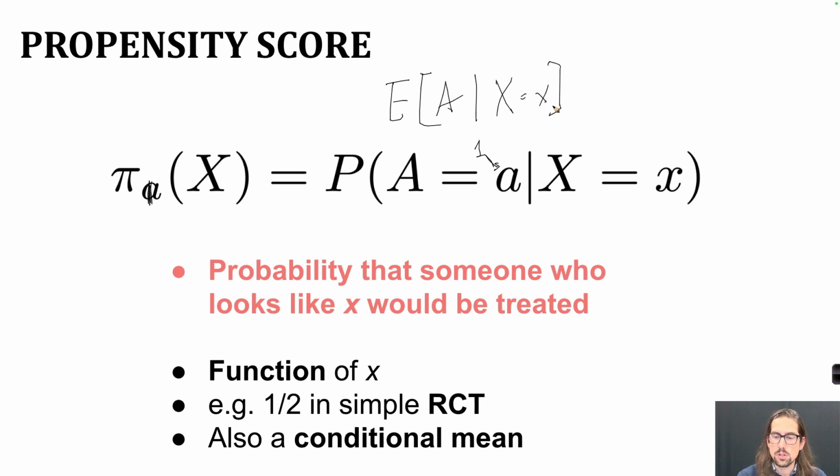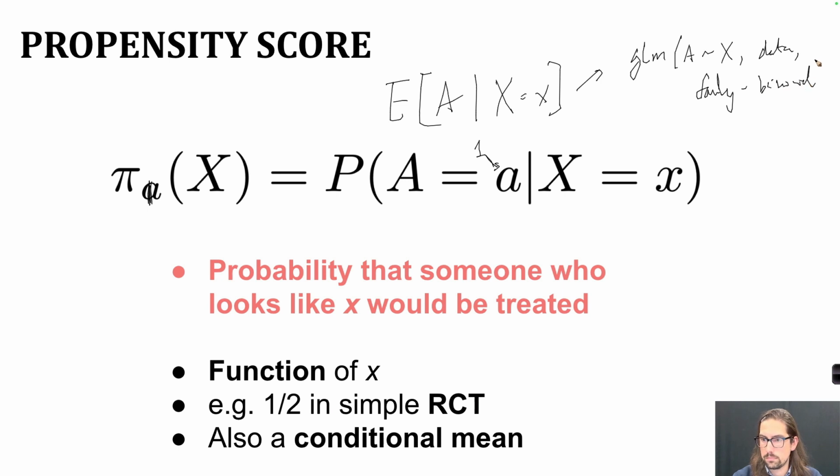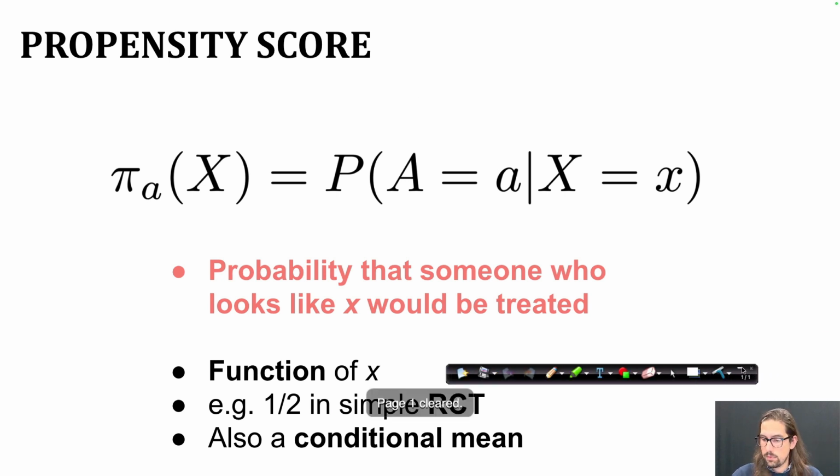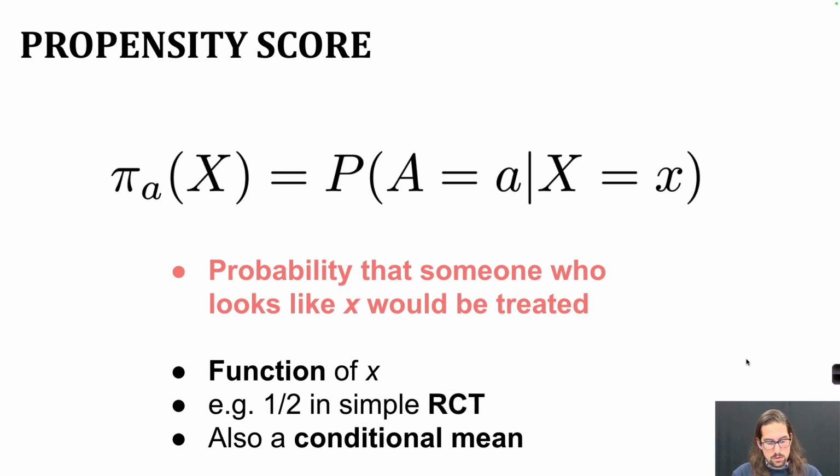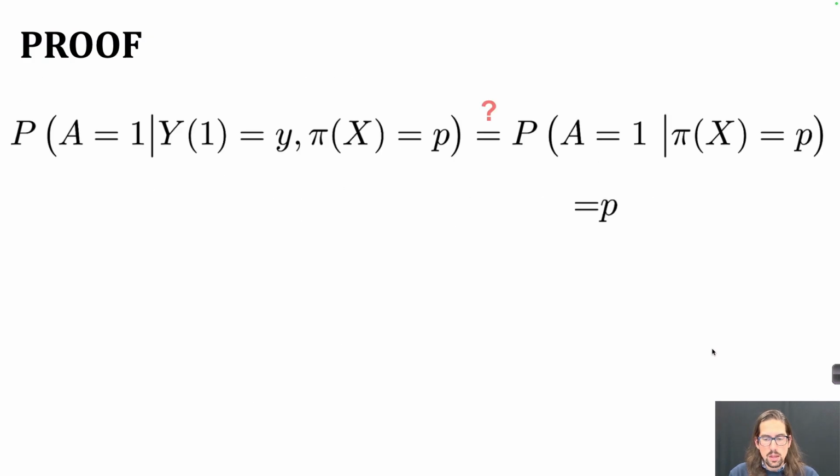If I were to do this with logistic regression, it would be like glm, a tilde x1, x2, x3, and so on, data, family equals binomial. And that's how you would fit your propensity score model from the data that you have. So that's with basic logistic regression.